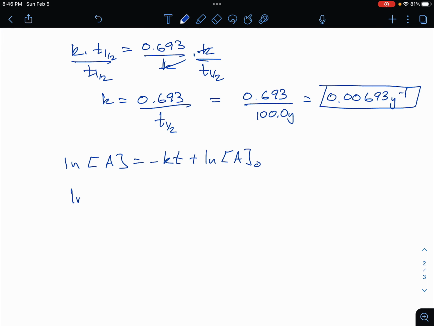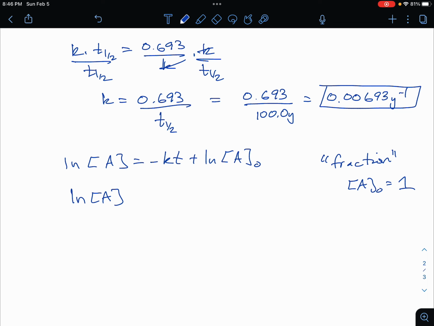So we need to know how much of it remains. So anytime you're asked for the fraction of what remains, what you can do here is make your A naught equal to 1. And what that means is that 1 is like 100% or all of the sample. And then whatever's left is the decimal fraction, or sorry, what portion of 1 is left over, okay?